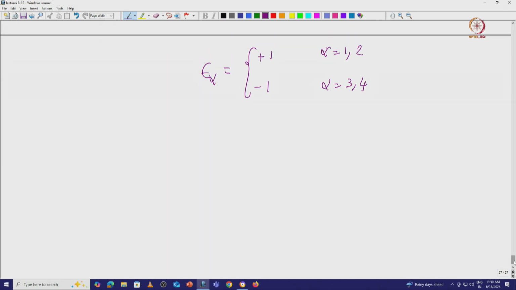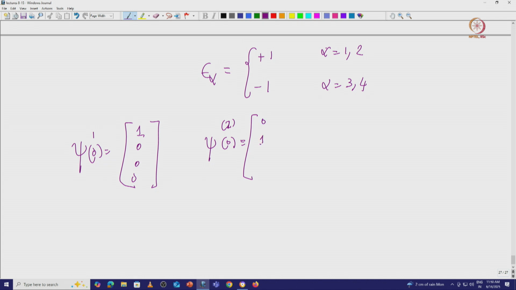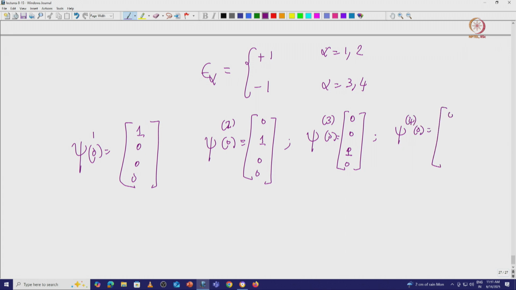So psi 1 of 0 is equal to 1 0 0 0, psi 2 of 0 is equal to 0 1 0 0, psi 3 of 0 is equal to 0 0 1 0, psi 4 of 0 is equal to 0 0 0 1.